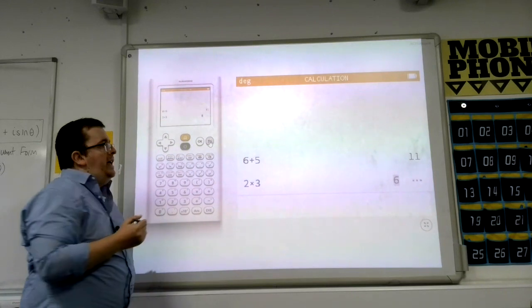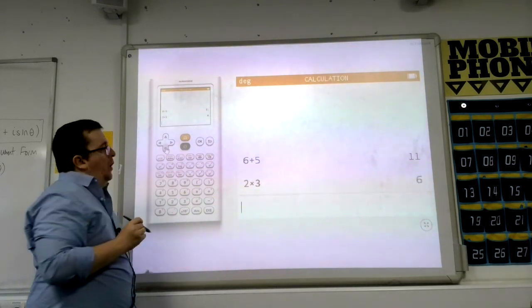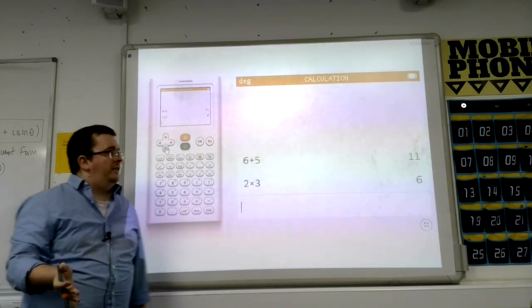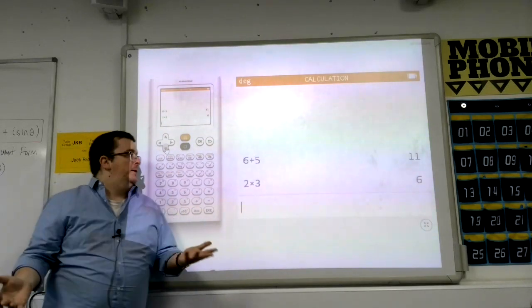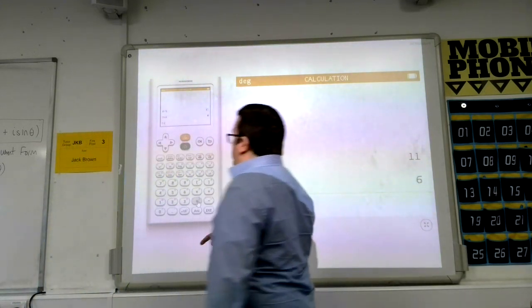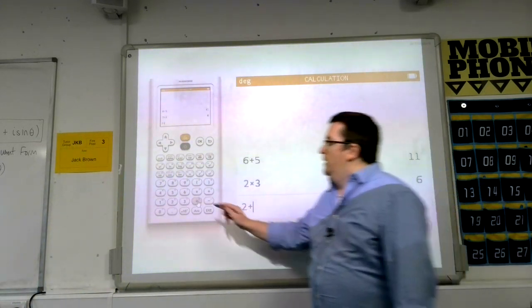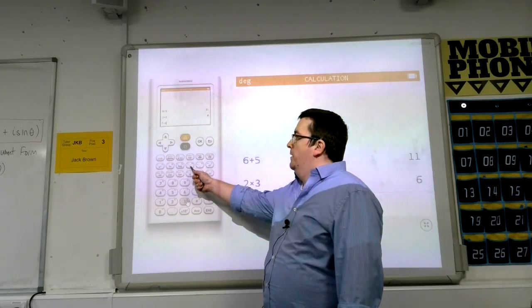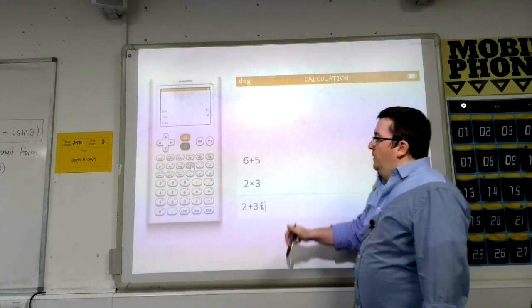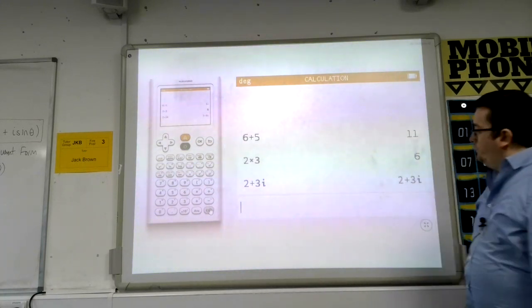Now, on the plus side for that, on things like complex numbers, for example, something that you are doing in further maths, if you had 2 plus, now this is the difference with the Classwiz, it has an i button and you don't need to put it into complex mode. So 2 plus 3i, for example.